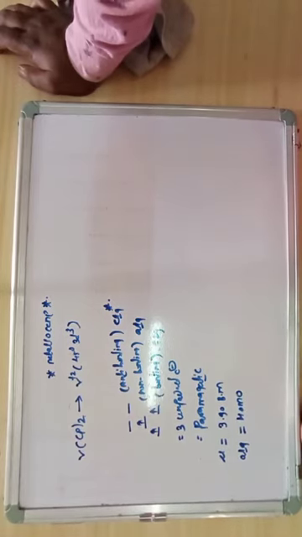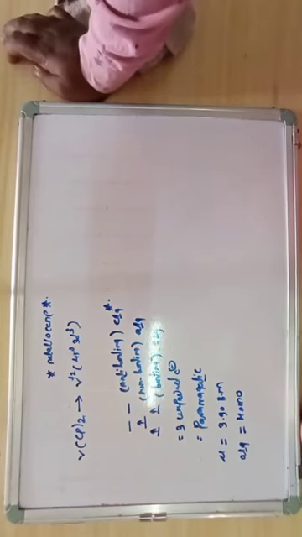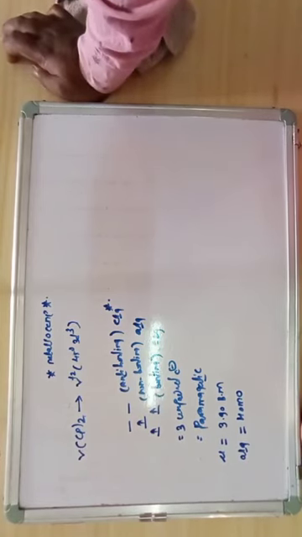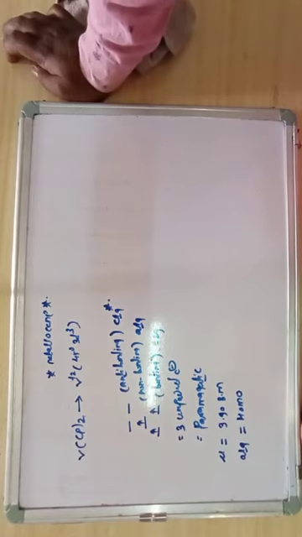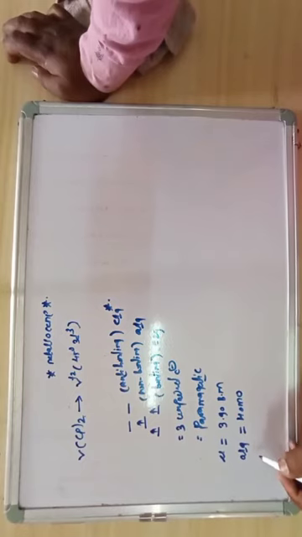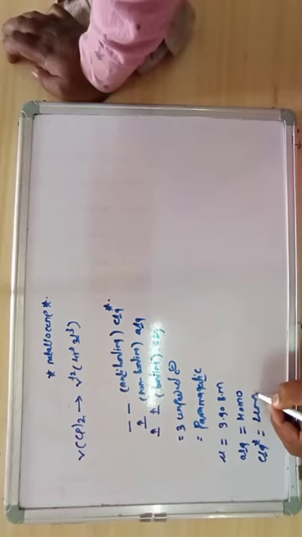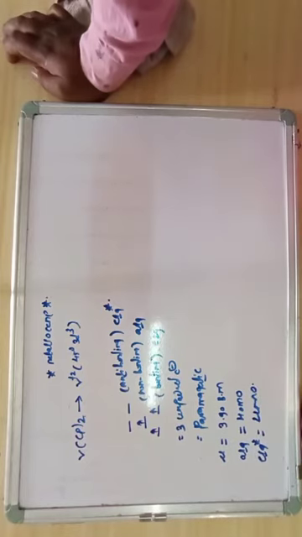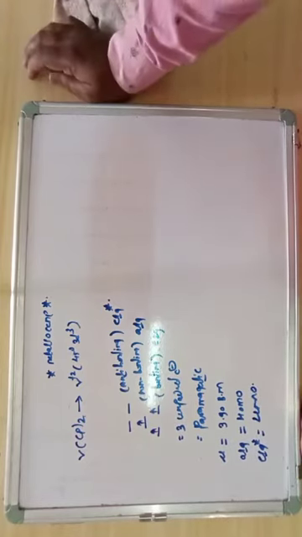The last electron's orbital is considered the HOMO. So the HOMO is A1g, and the LUMO is the antibonding E1g star orbital.